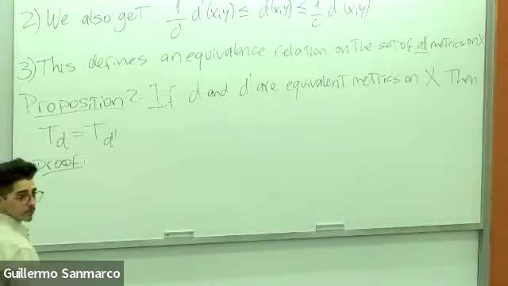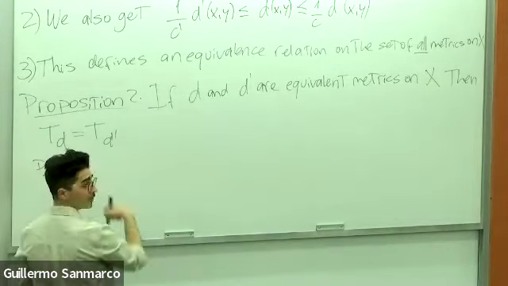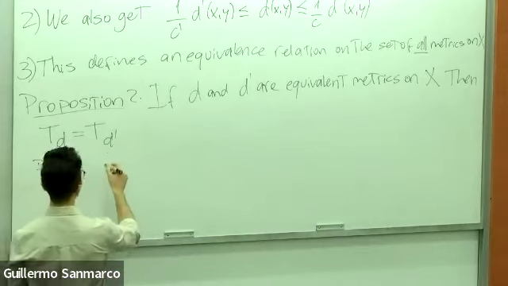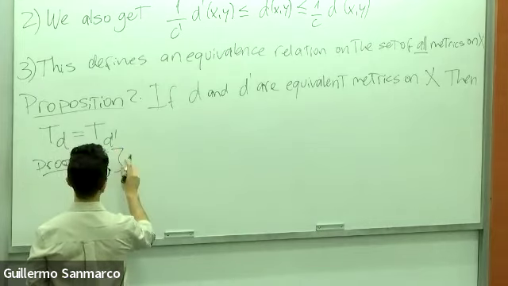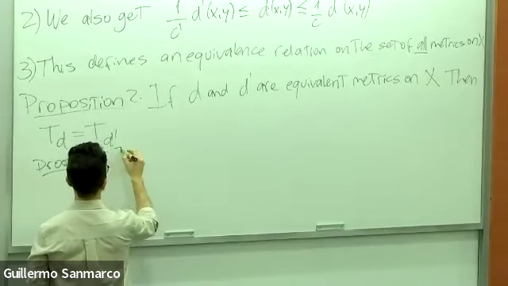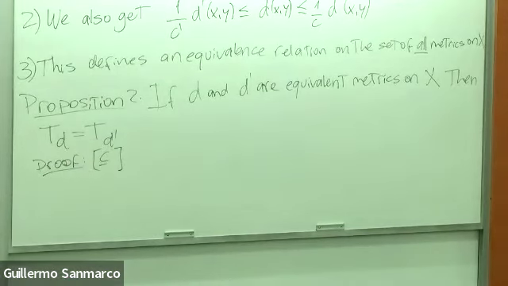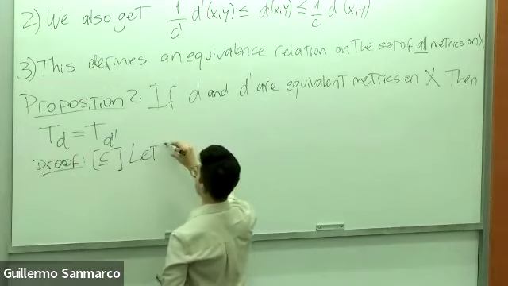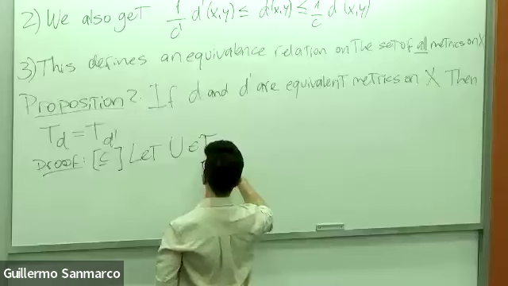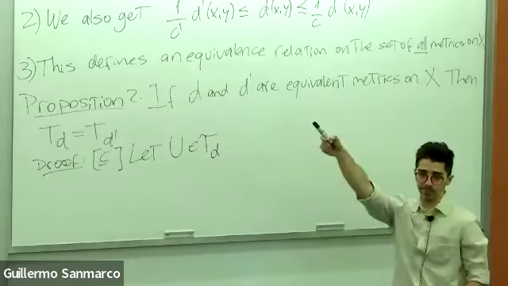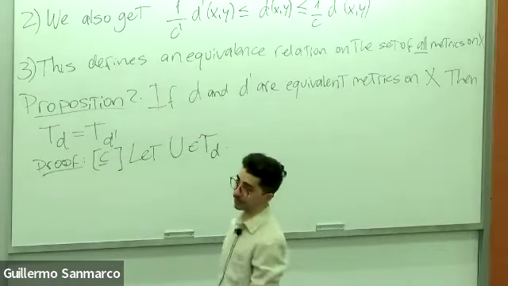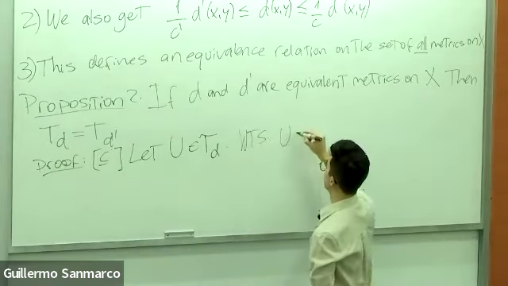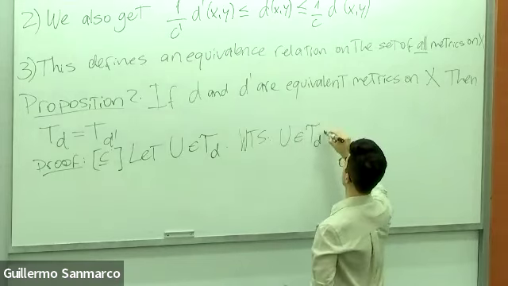So we want to show two inclusions. Let's say we want to prove this one first. So let's take some open set U in T_D. We have over there the definition for T_D. And we want to show U is also in T_D prime.